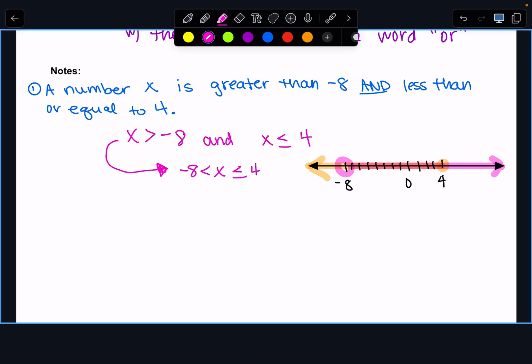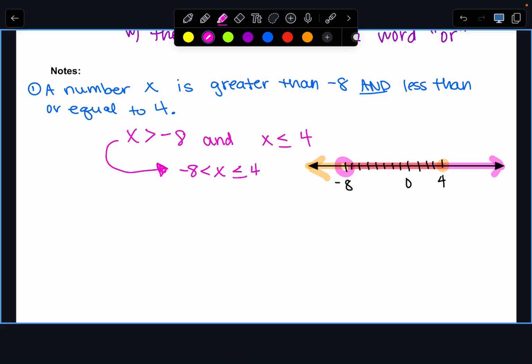Okay. Why did Axton say between the -8 and 4? Because that's what x can be. Okay, that's where my 2 graphs do what? Intersect. Merge. Go together. Okay, they overlap, right? So when I'm graphing an and statement, I need to color in the overlap.